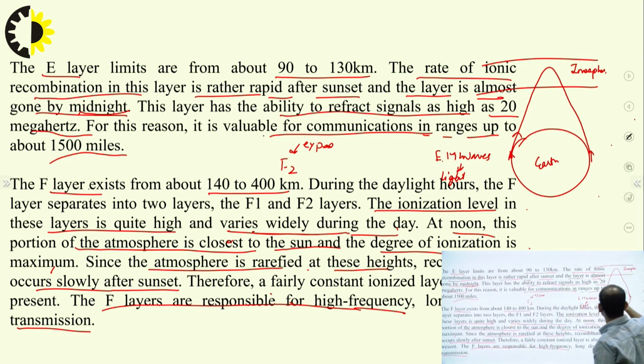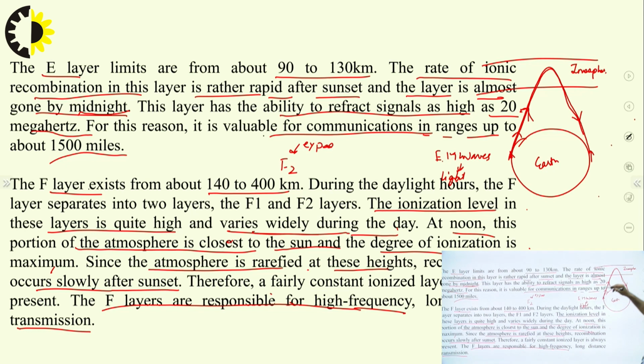Clear? So this EM wave goes upward and is then reflected back by the ionosphere layer. It means there will be refraction, or a total internal reflection by the ionosphere.